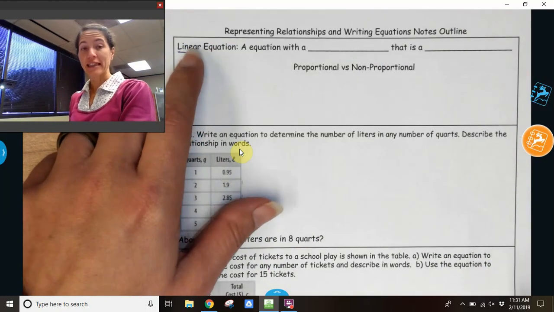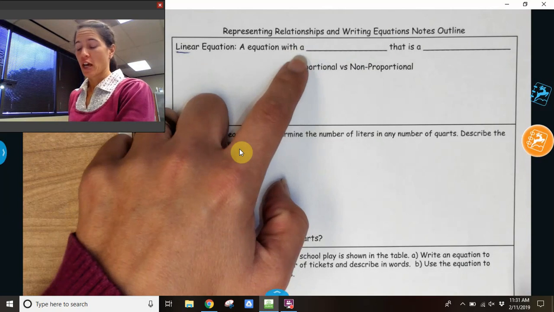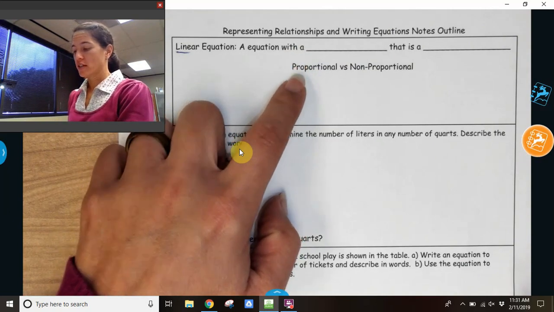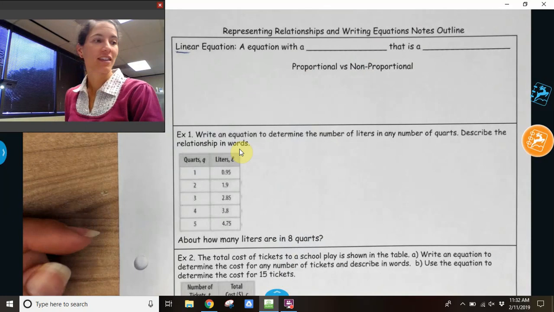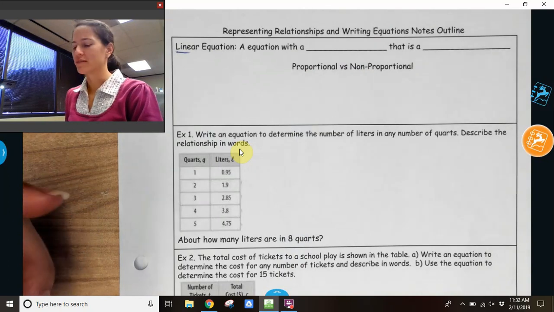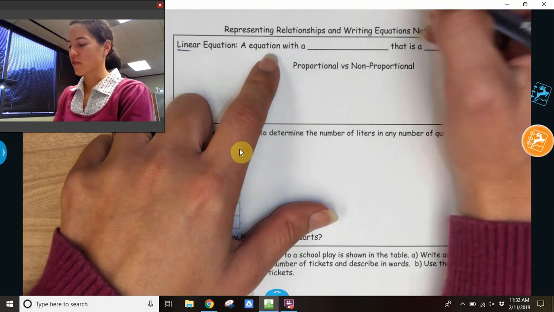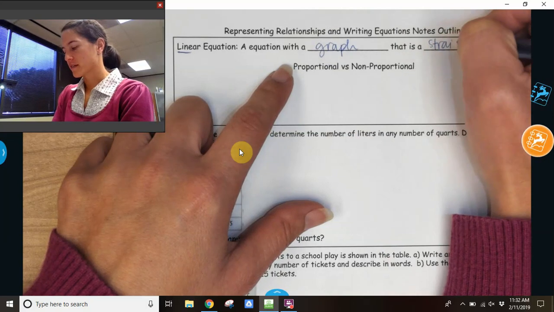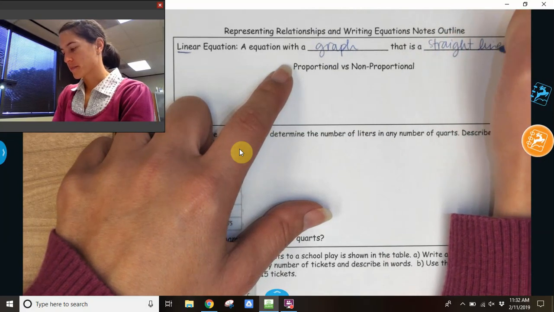A linear equation is an equation with a graph that is a straight line.